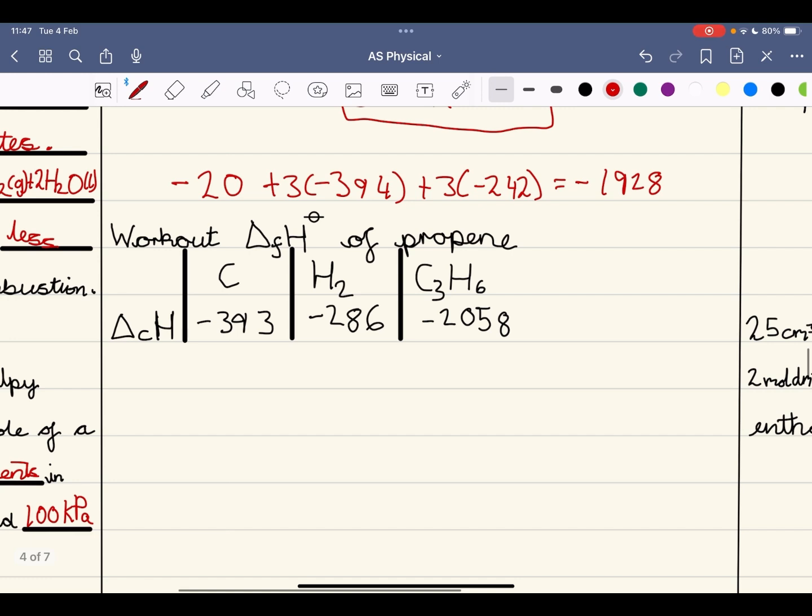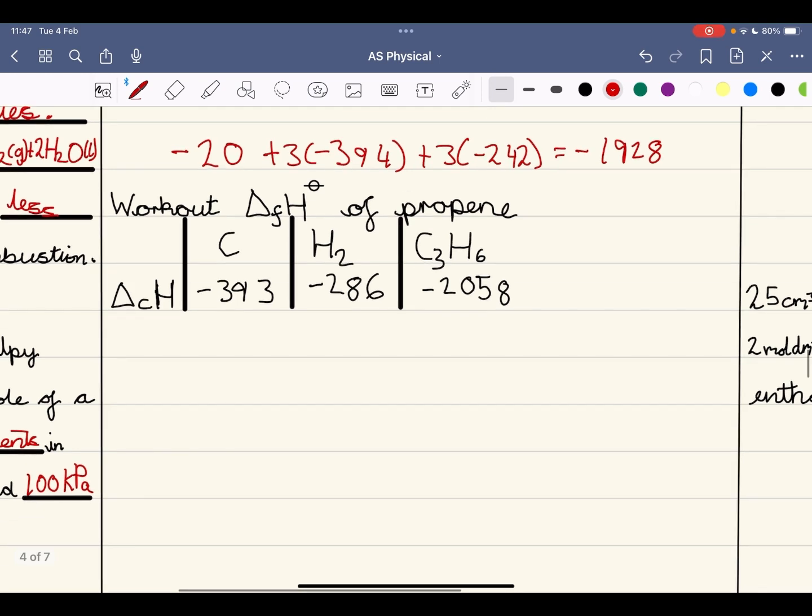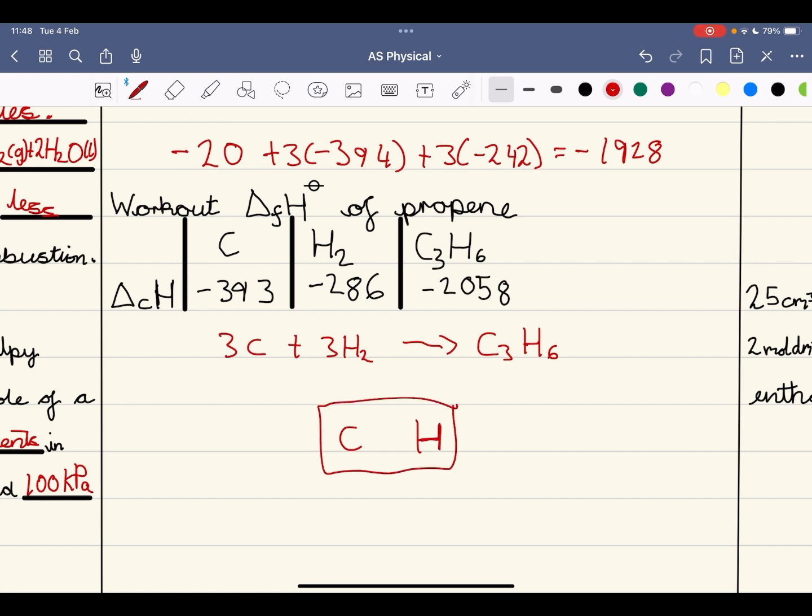Now we're asked to work out the enthalpy of formation of propene. So the reaction for this looks like this, right, and the atoms are carbon and hydrogen. So when we combust carbon, we give out 393 joules of energy, and we do this 3 times.